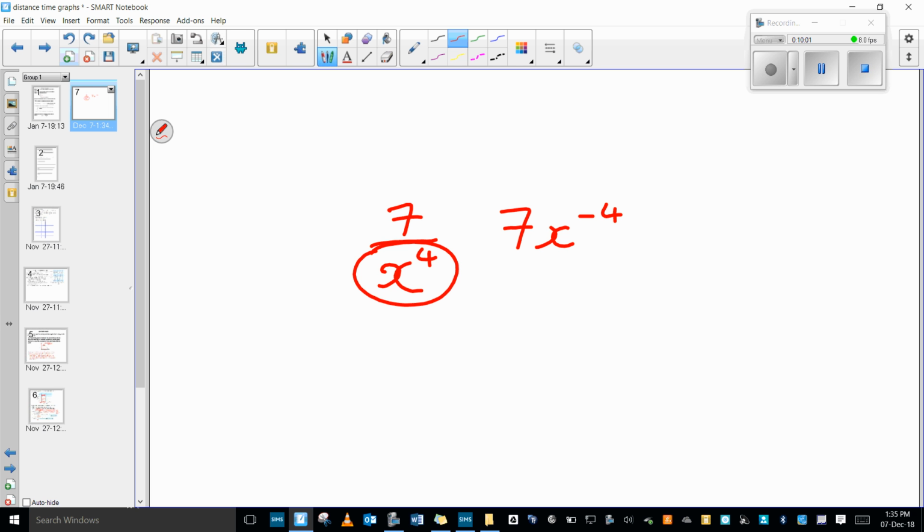And if you had just 8 over x, this has got a secret power 1. So that's 8x to the negative 1. That's why the speed, meters per second, can also be written as that. There was side information.